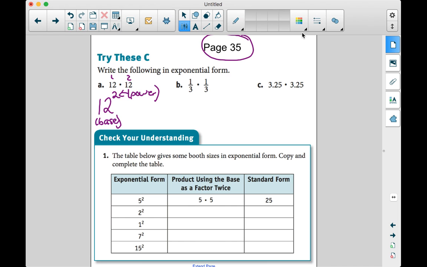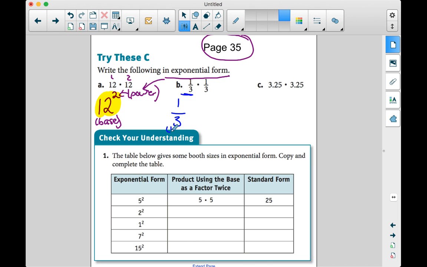So this whole thing right here, the 12 and the 2, that is written in exponential form. The base with the power, that whole thing is written in exponential form. Okay? So we're going to do this one more time. If I'm looking at the next question, my base would be 1/3.